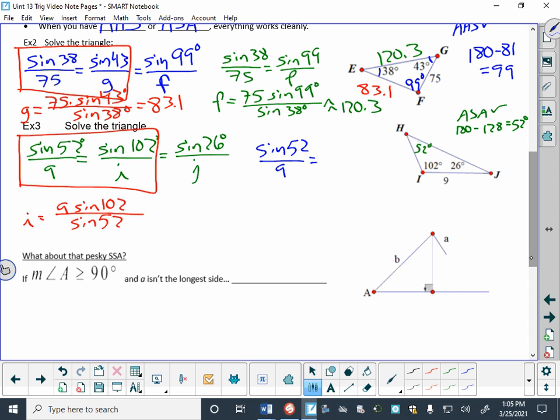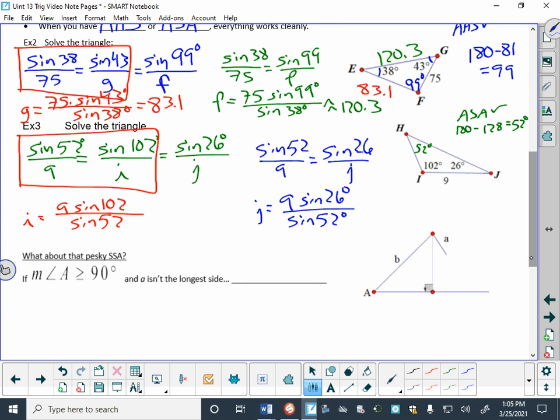Nothing's been rounded in this one. Sine 26 over J, and that one's going to give me that J is equal to 9 times the sine of 26 degrees over the sine of 52 degrees.